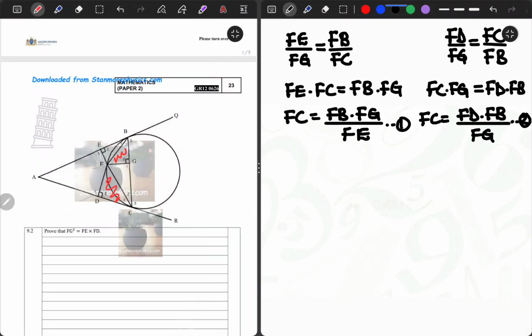Then let me equate the two, 1 equals to 2.